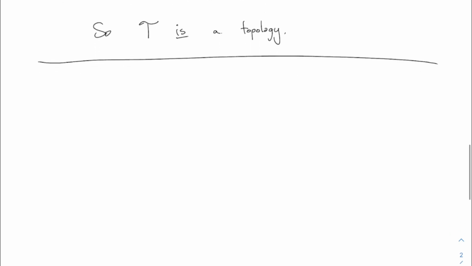All right? I have some for you to try. I have 3 separate examples here. These are other ways that you could choose a topology on 3 points. Your job is, for each one, tell me which one is or is not a topology.